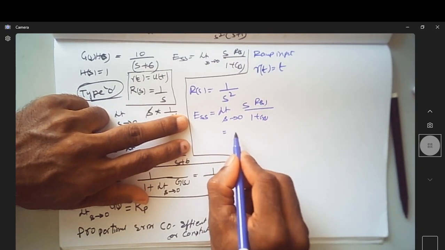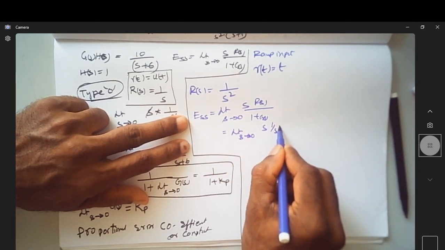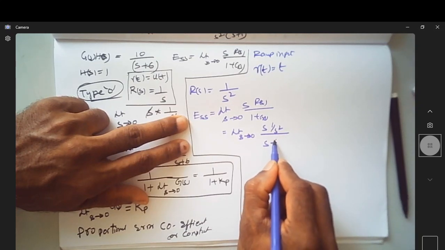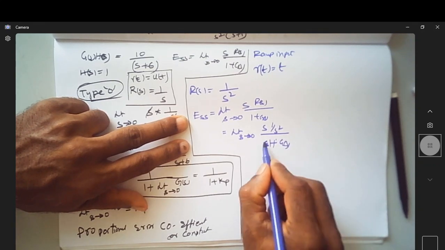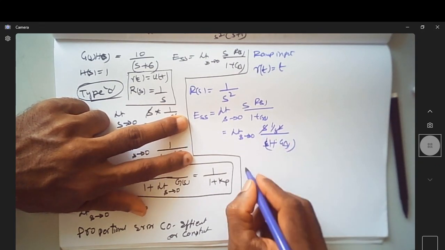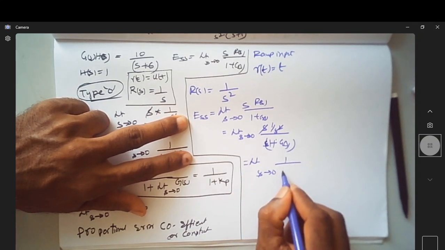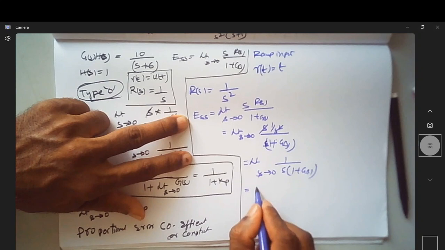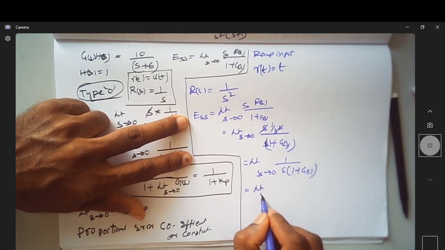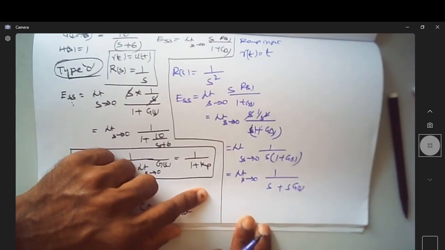So it is limit of s tending to 0 of s into 1 over s square by 1 plus GFS, which becomes limit of s tending to 0 of 1 over s into 1 plus GFS. I can further write it as limit of s tending to 0 of 1 over s into GFS.